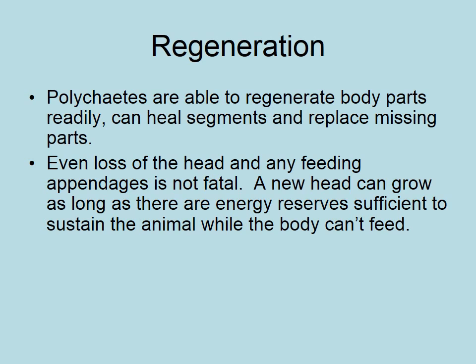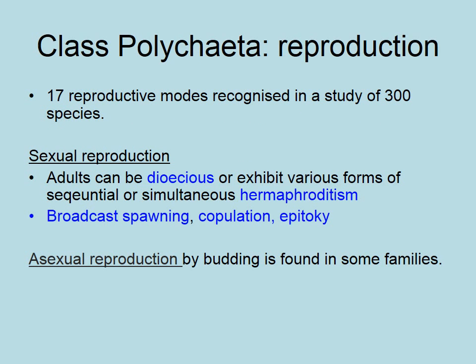That may or may not be true. They can heal segments and they can replace the ends, but what generally will happen is that they can only do that if they have enough energy reserves to grow the new parts of the body while it can't feed.